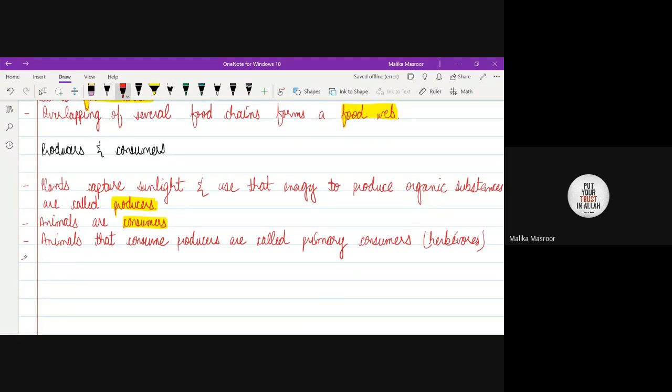Now, animals that consume primary consumers are called secondary consumers.